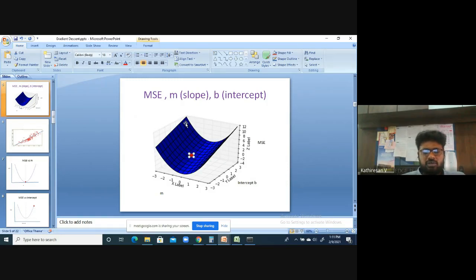After reaching the global minima, MSE will increase again. Our intention is to find this global minima.